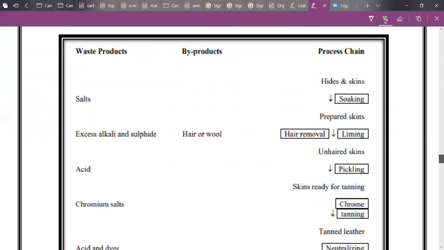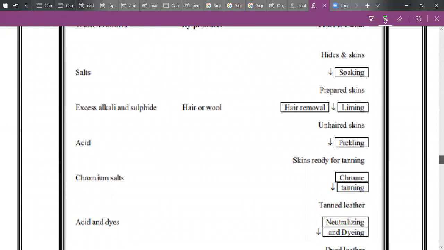In prepared skin, we remove the hairs from the skin, and this is done by the liming process. And in the liming process, excess alkali and sulfates are removed. After pickling, the skin is ready for tanning, and in pickling we add the acid to decrease the pH up to 3.